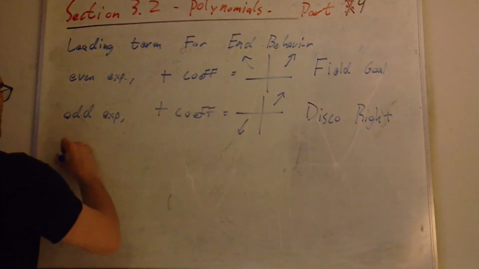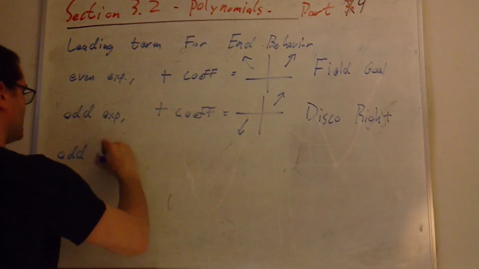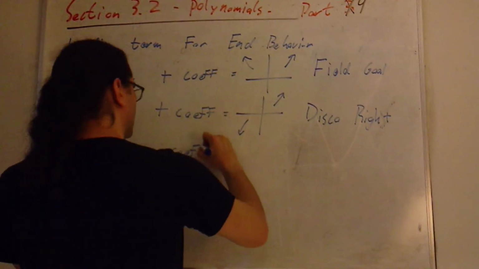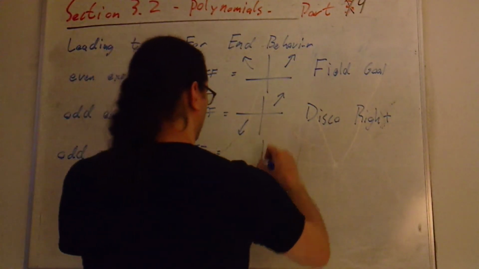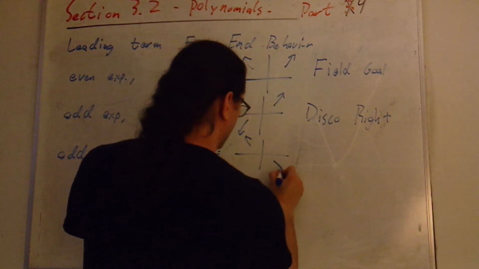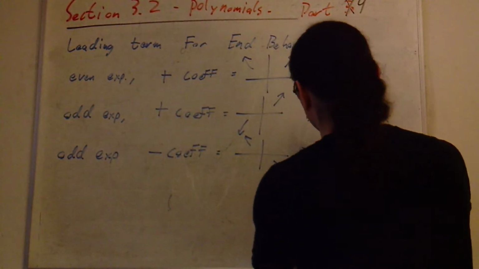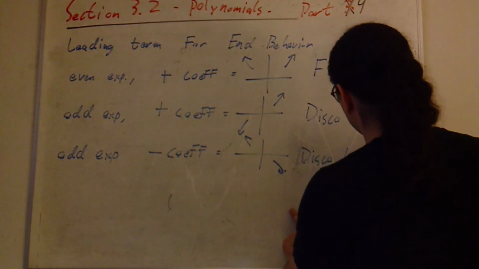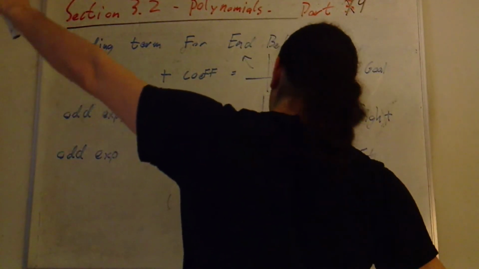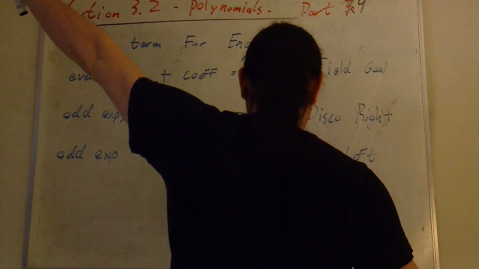We've also looked at what happens when you have an odd exponent and a negative coefficient. That resulted in something that I called disco left, where it's going down to the right, up to the left.